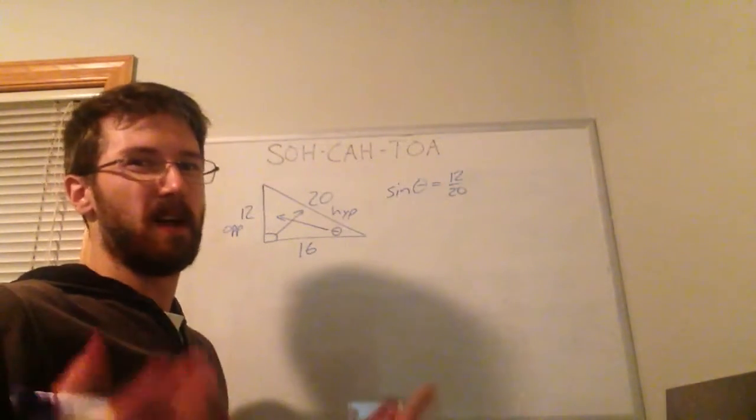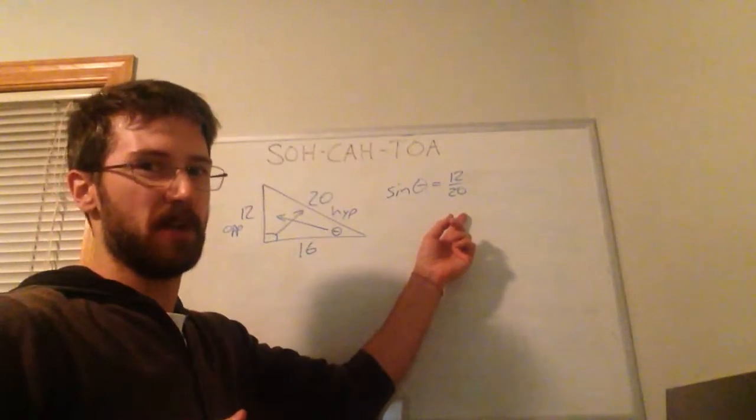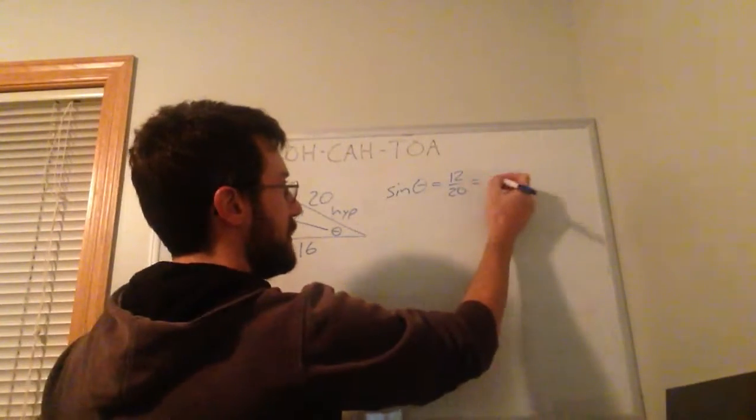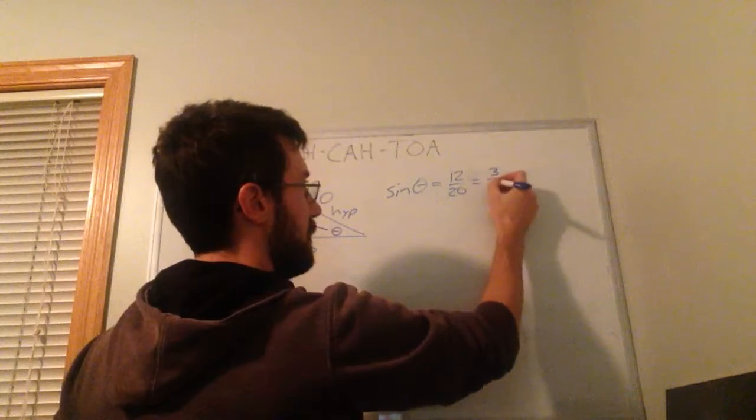We're in high school. I would expect that we can reduce this fraction. 12 over 20, those are both divisible by 4, that would reduce to 3 over 5.